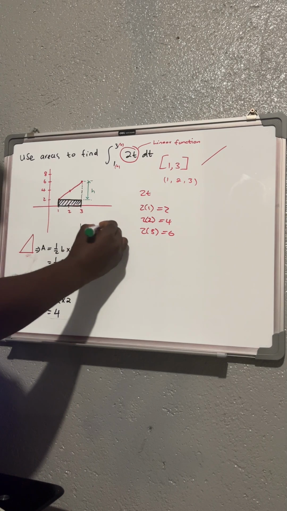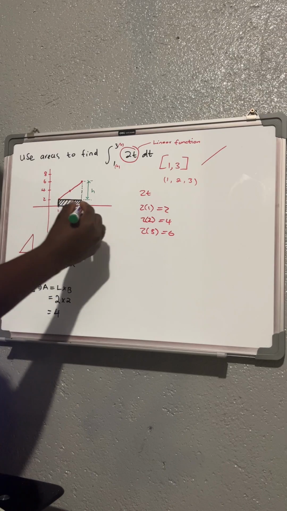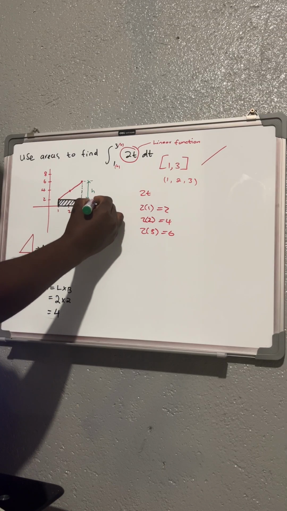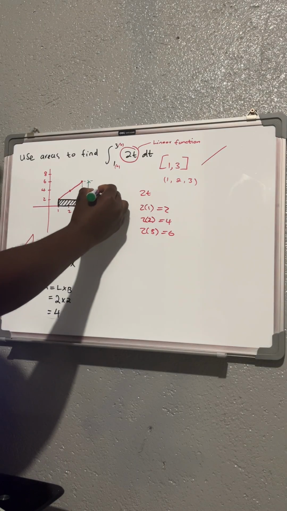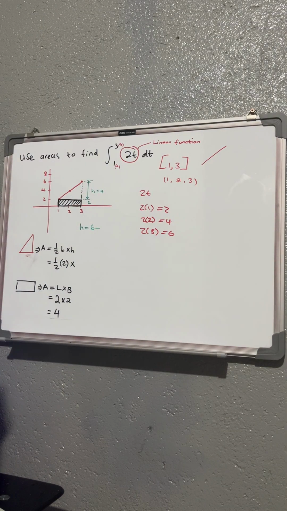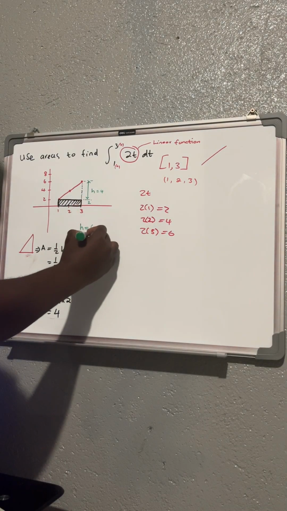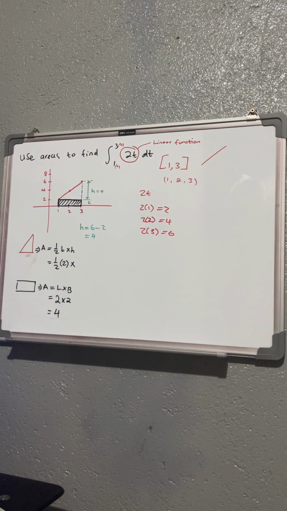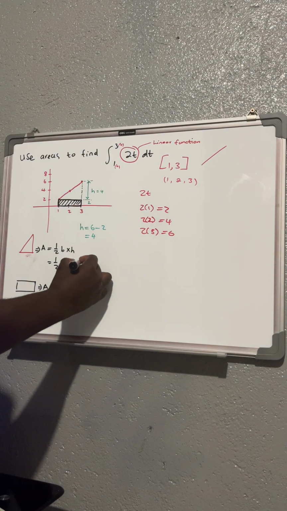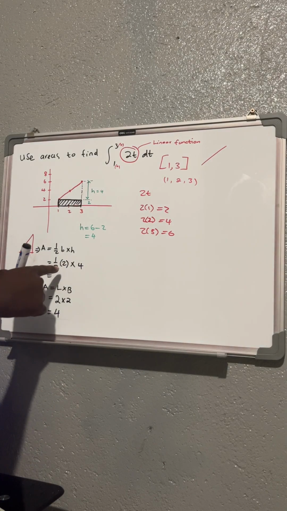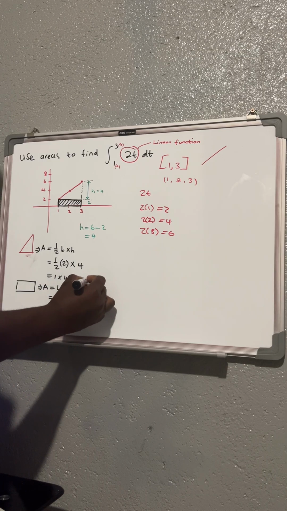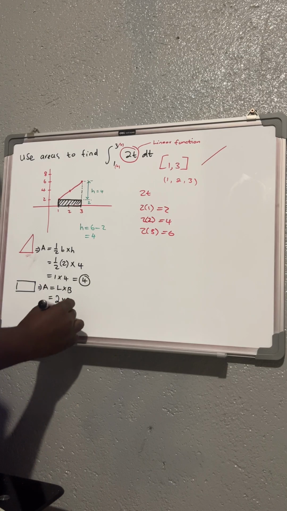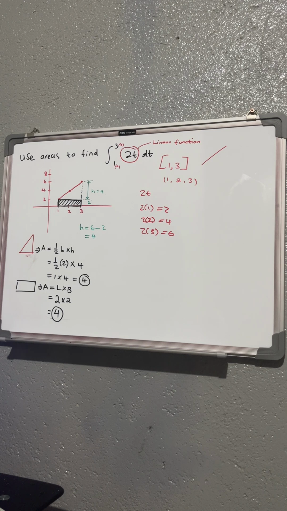Then we deduct this small one, which is 2, since here it is 4. So 6 minus 2 gives me the 4 that I have. Now you see you have 4 here. Then half of this is basically 1 times 4, and this gives you your final answer of 4, and this side also gives you 4.